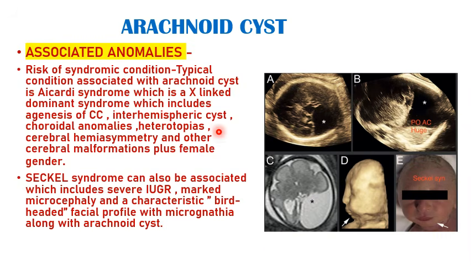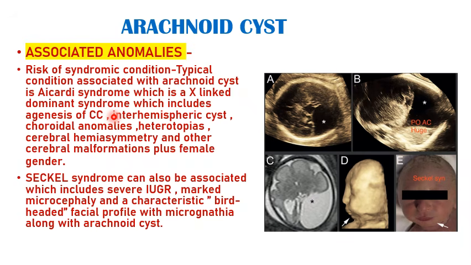Another typical syndromic condition associated with arachnoid cyst is Aicardi syndrome, which is an X-linked dominant syndrome that includes agenesis of corpus callosum, interhemispheric cyst, choroid anomalies, heterotopias, cerebral hemiasymmetry, and other cerebral malformations, plus female gender.